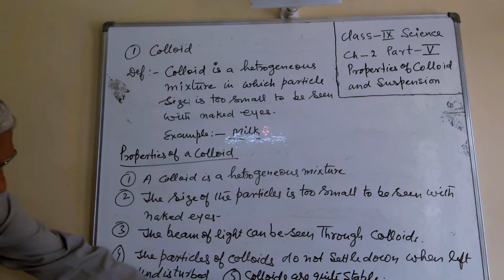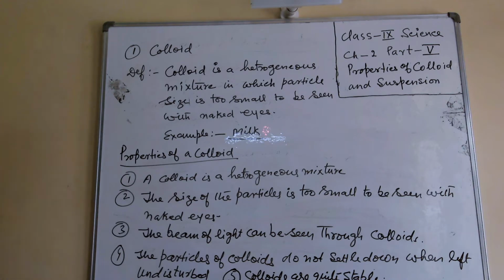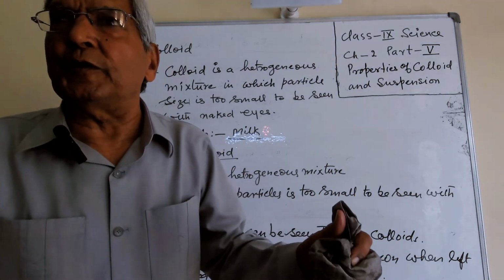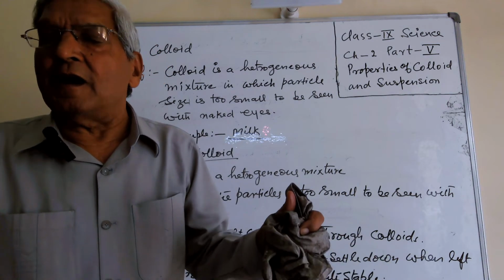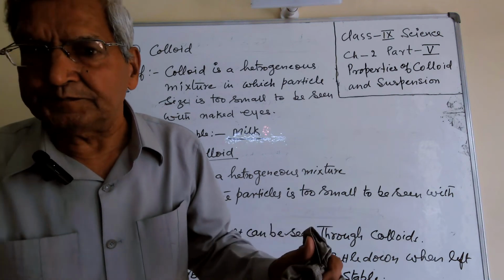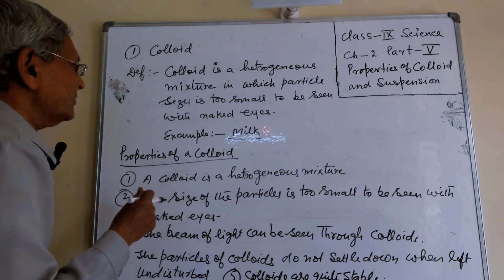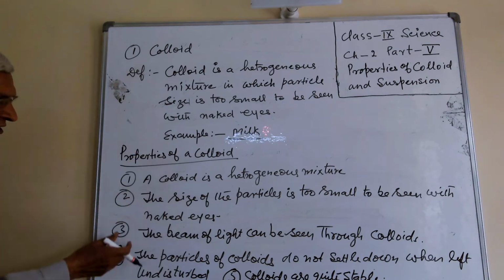And my dear student, fifth property, colloids are quite stable. So this is the definition of colloid, and these are the 5 properties of colloid.